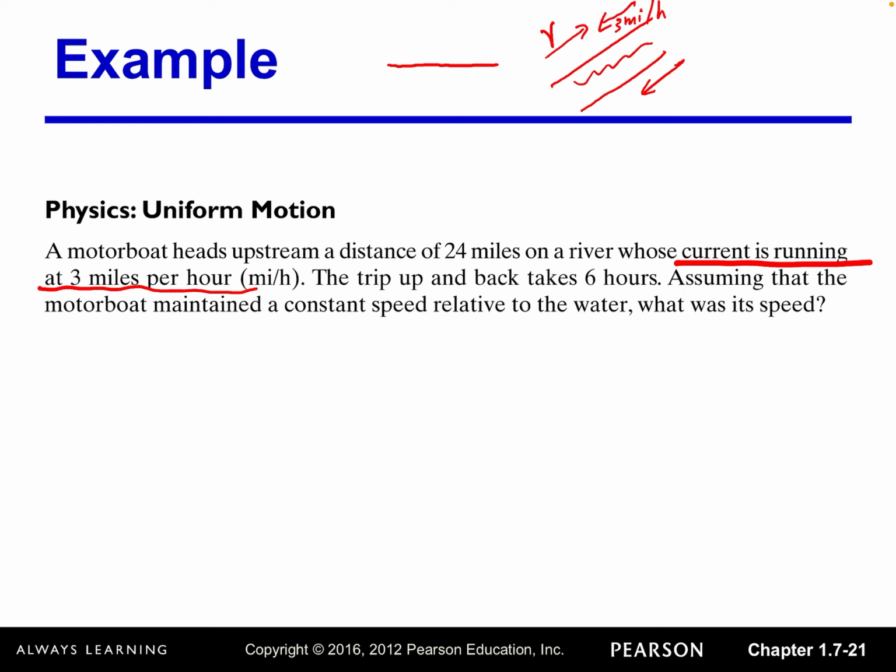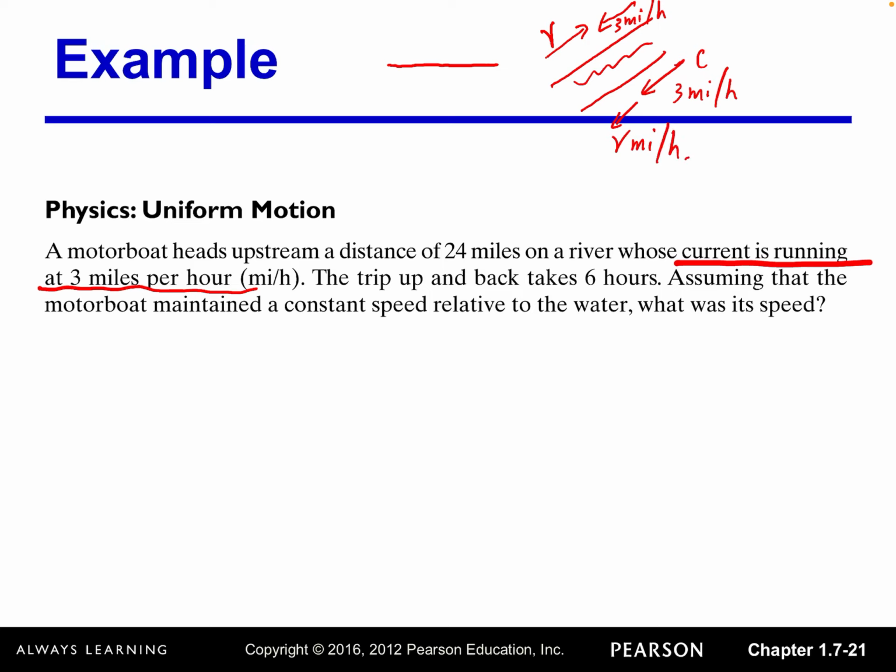Because the current is moving, it prevents the boat from moving at the same rate as it travels in still water. On the other hand, when going downstream, the current is going down also at 3 miles per hour, and the boat also travels in the same direction at r miles per hour.